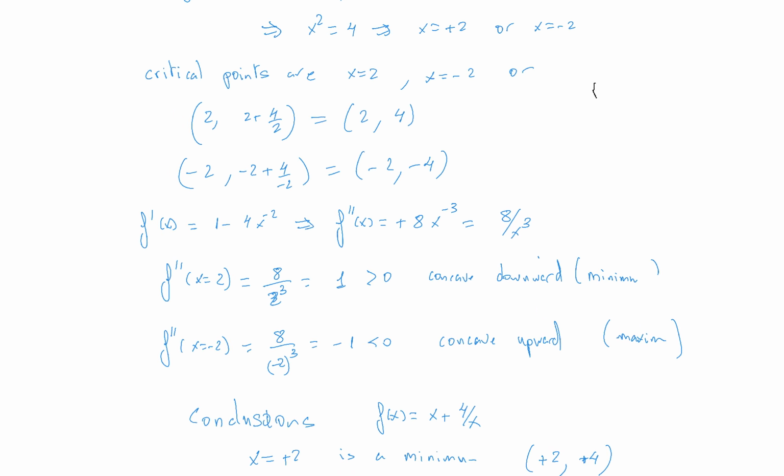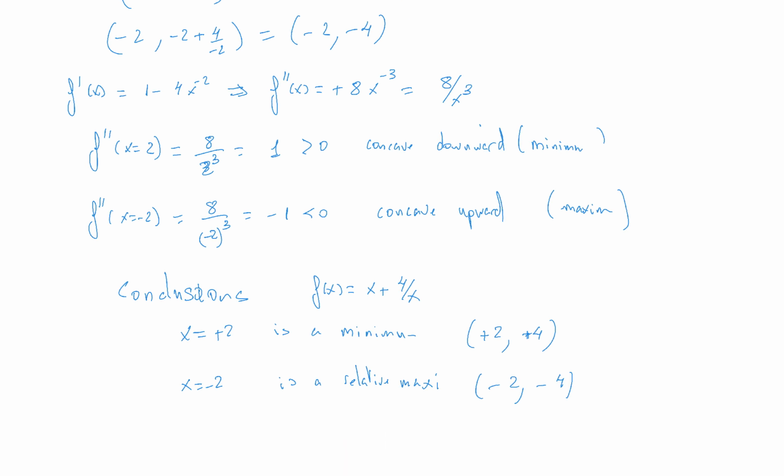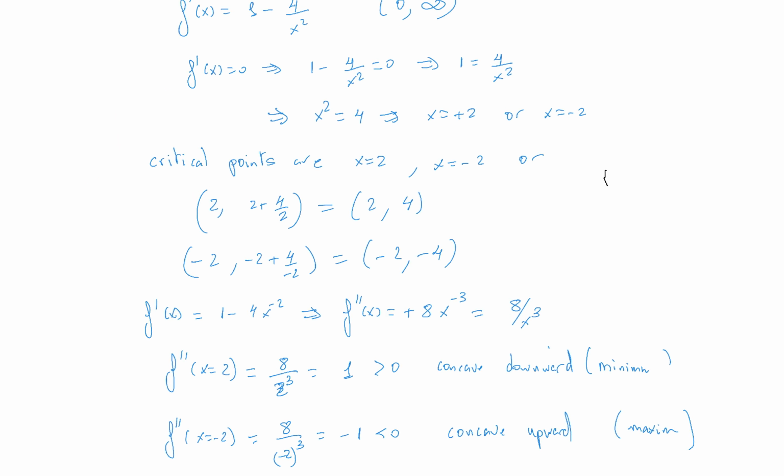The summary is here. The conclusions are: x equal 2 is a local minimum, x equal minus 2 is also a local minimum, and the intervals where the function is concave upward and concave downward are here.